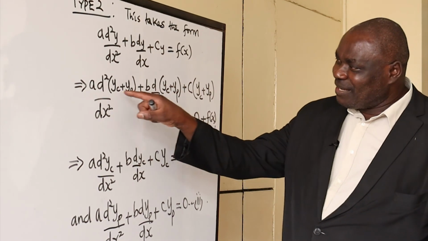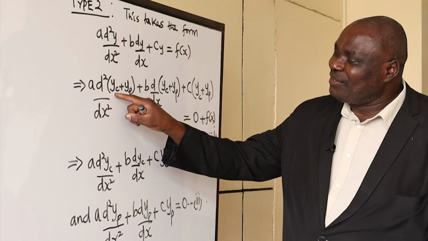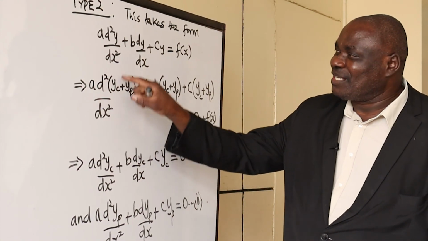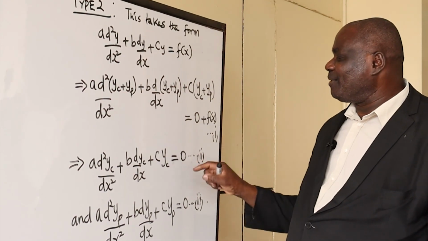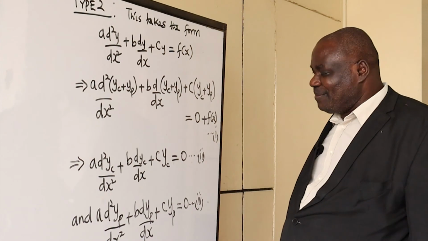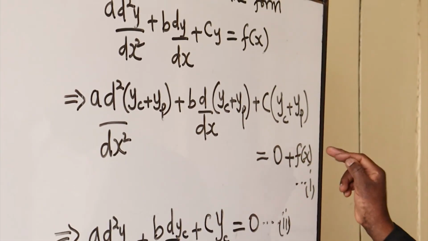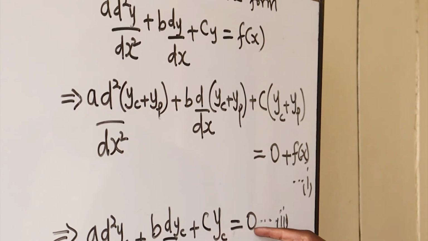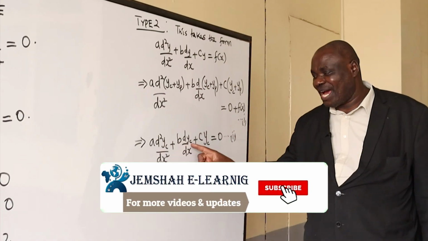So when we add yc to yp to generate y, we are now substituting where there was y, we put yc plus yp. And in solving, when equating to 0 plus function of x, the part that brings in a 0 is a part of the complementary function of y.